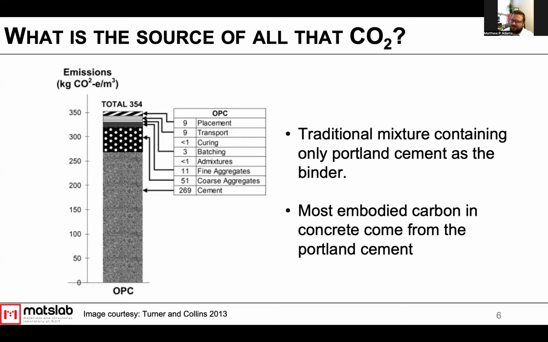We really don't have a good way yet to capture that CO2. There are a number of efforts out there across the world that are looking to retrofit concrete or cement plants to capture that CO2. But right now, they're still in pilot stages, trial stages, trying to figure out how to do it and how to do it economically.